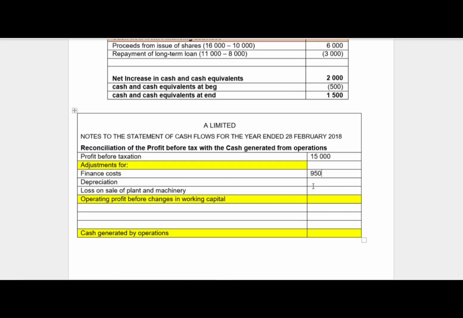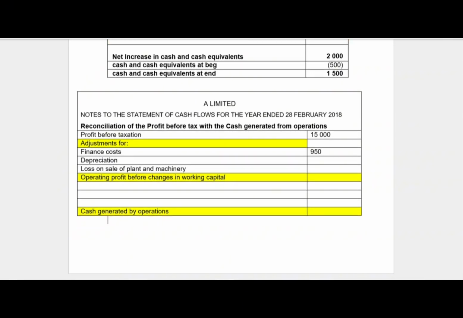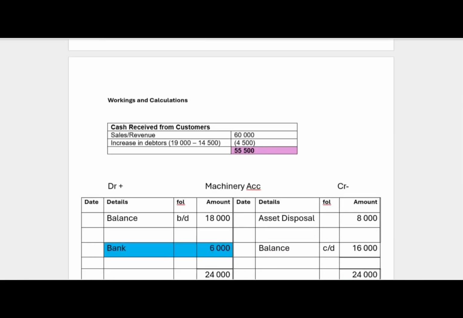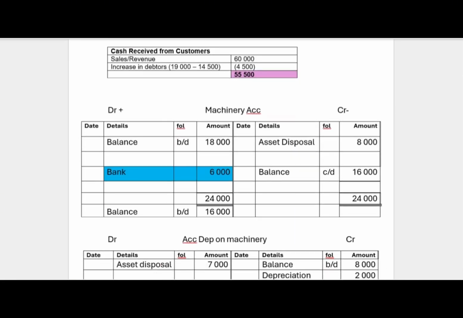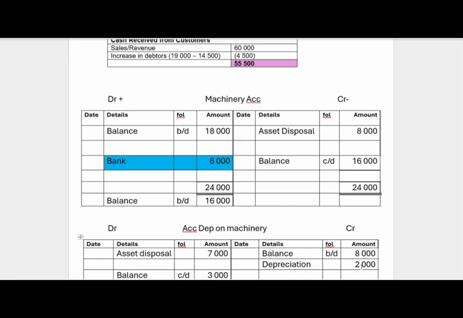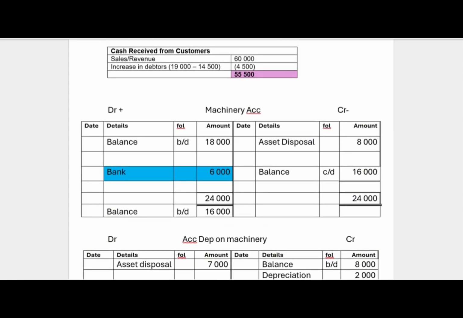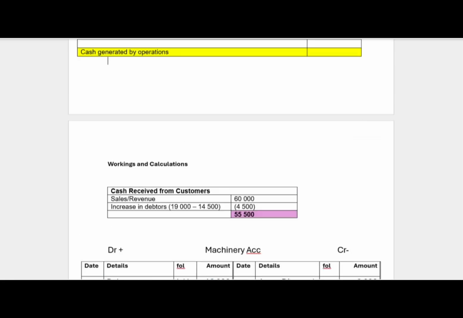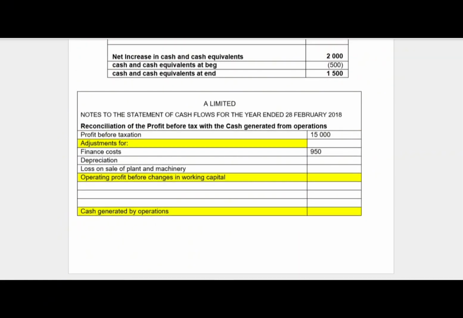And then depreciation, we also calculated it. It's given as well, but you usually will take it from the calculation we did on the T accounts down there. So it's 2,000. We're going to take this 2,000 to our note, which is the reconciliation of profit before tax with cash generated.